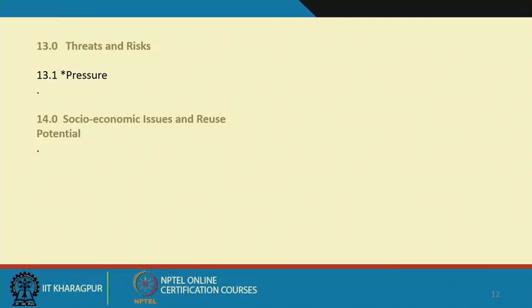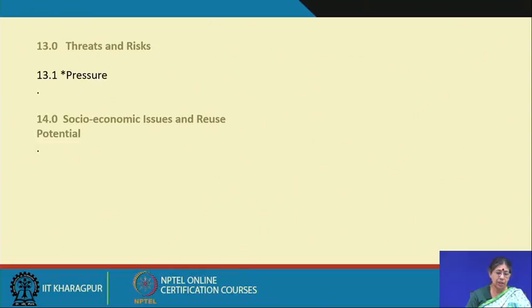And then comes the threats. One has to talk about what the threats are and what the socio-economic issues are, and because, as I say, it is the past, present and future, we also have to see what the future possibility is, what the role of this structure is, and make some suggestion and ideation about what can be done.